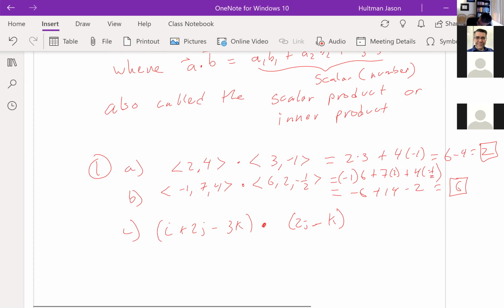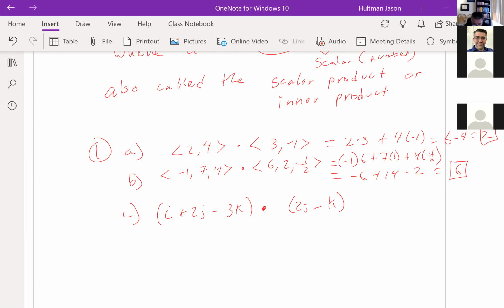So you could turn this into component form if you really wanted to, and then dot it, or you could just dot it by looking at the first components here, except there is no first component. That would be 0, right? You would think of it as 0.